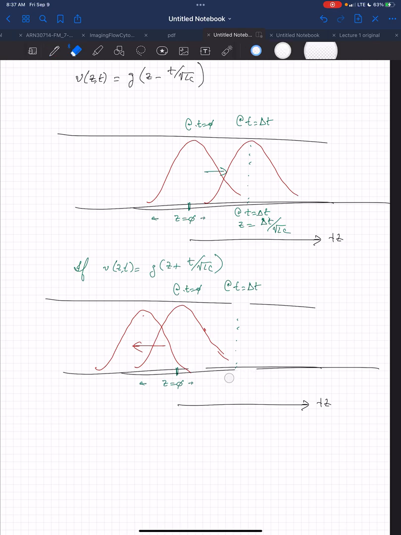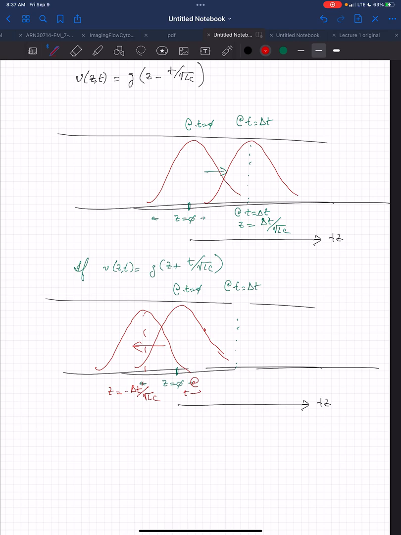This would still be z equal to 0 at t equal to 0. This would be z equal to negative delta t over square root of LC. So my time is still going in the positive direction, but the wave is going in the negative z direction.